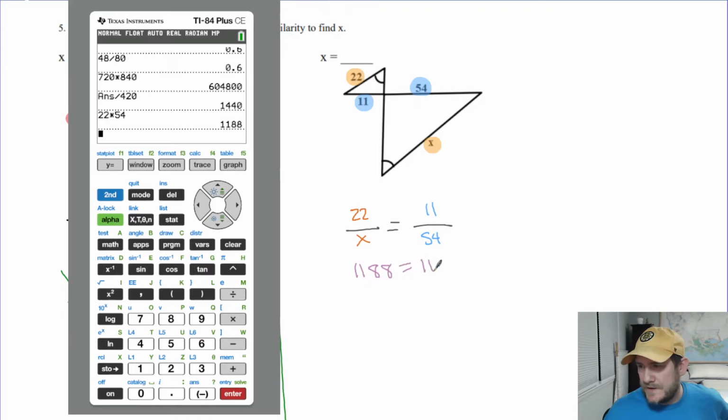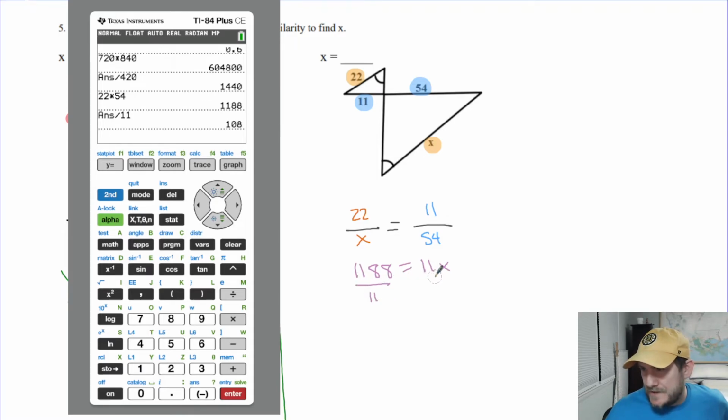And that's going to equal 11x. So if I divide, what's that going to be? 108? Must be 108. So let's divide by 11. Yeah, 108. All right, easy peasy.